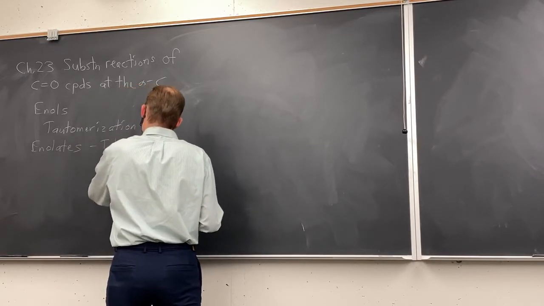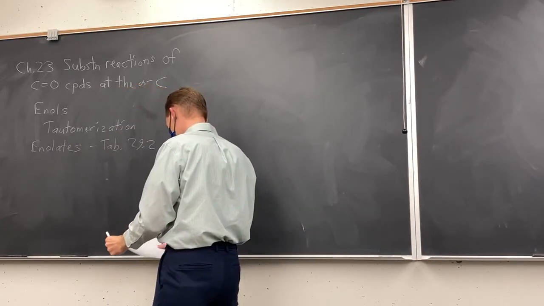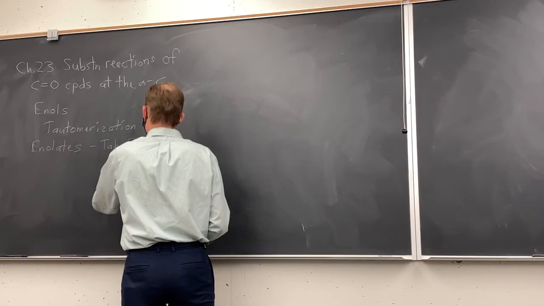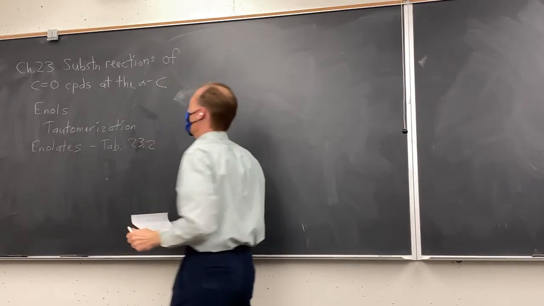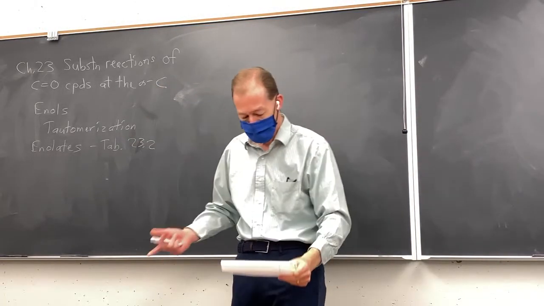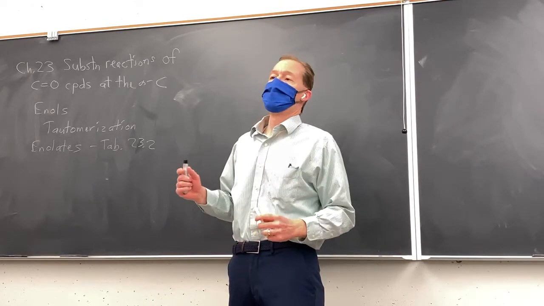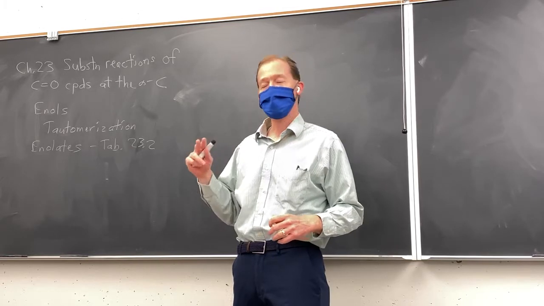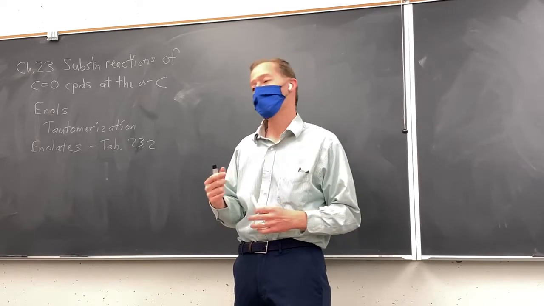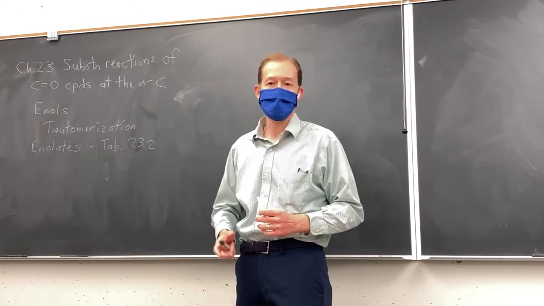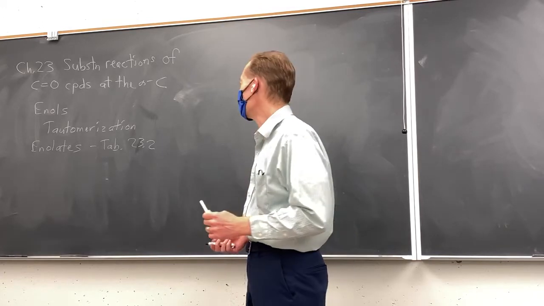table 23.2, sorry, I can't read my own notes. Table 23.2 was a table that showed those pKa values of aldehydes, ketones, esters, nitriles, 1,3-dicarbonyl compounds.